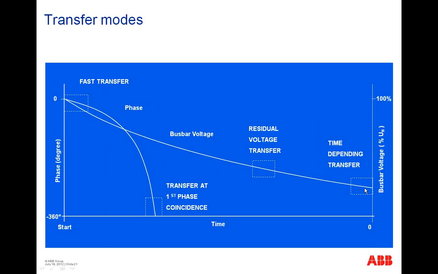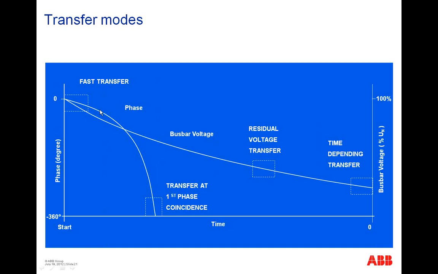If you compare the healthy standby feeder with this declining voltage and changing frequency on the busbar, we see in the first moment that the busbar and the standby feeder are synchronous, and then the standby feeder will always have 60 Hertz, and the busbar 40 Hertz, 30 Hertz, 20 Hertz.